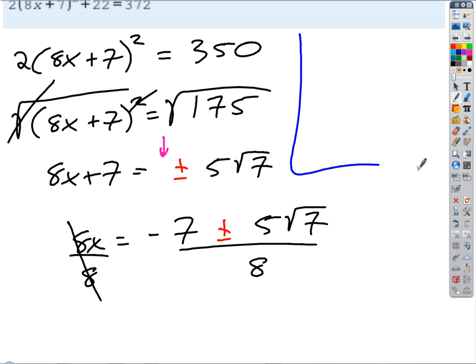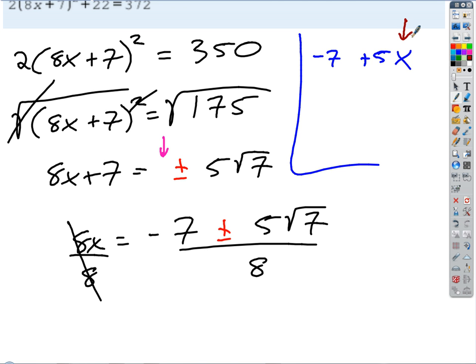Let's look at that for a second and make sure everyone understands why. If I had something like negative 7 plus 5x, everybody knows we can't combine those because they're not like terms. Why are they not like terms? Because the 5 is multiplied by another factor.